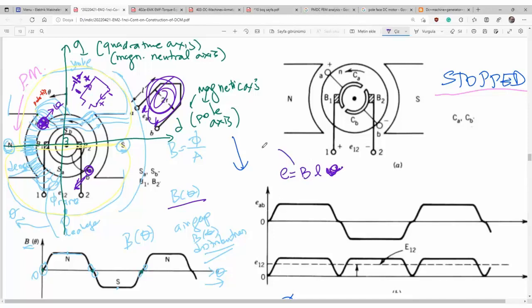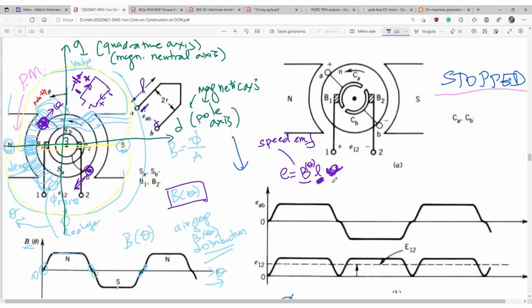We call it speed EMF: E equals BLV. There is B, which is B of theta, and then there's the length of the conductor.